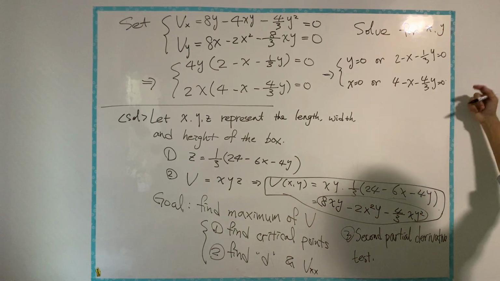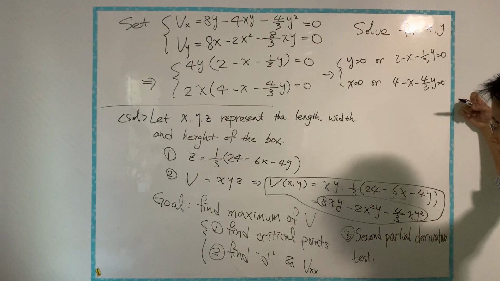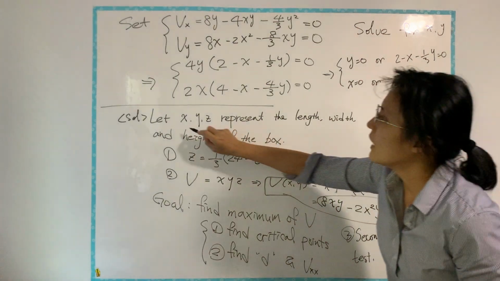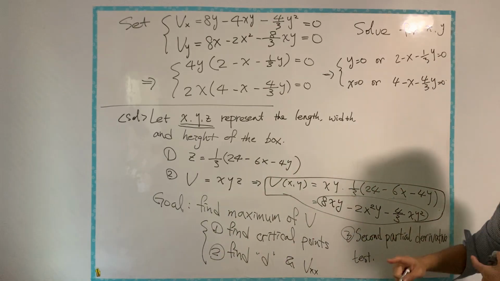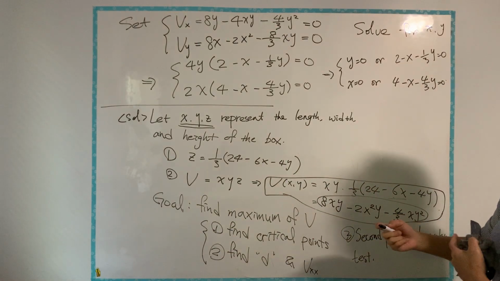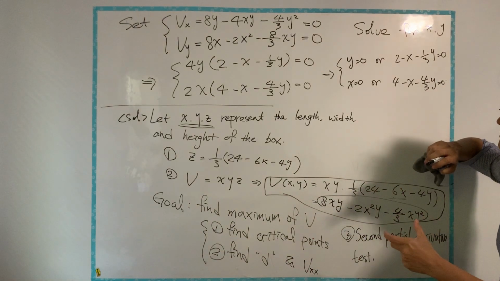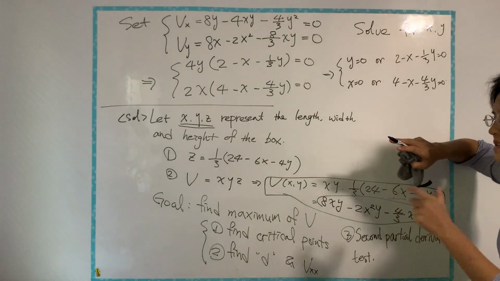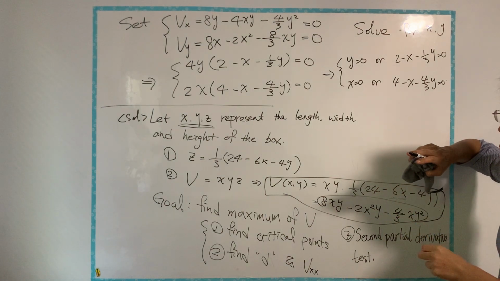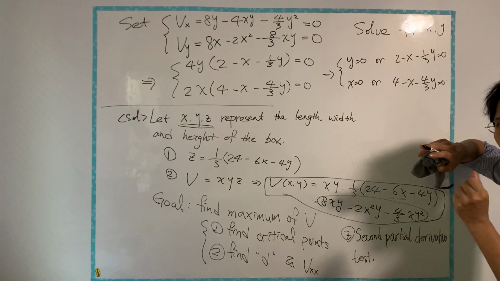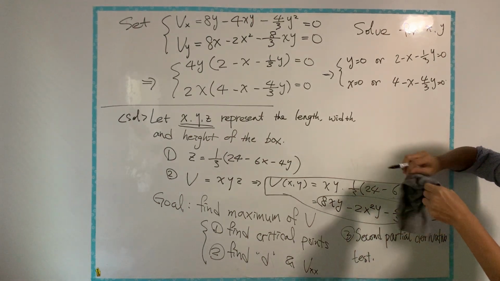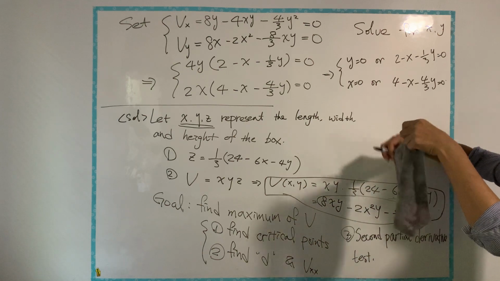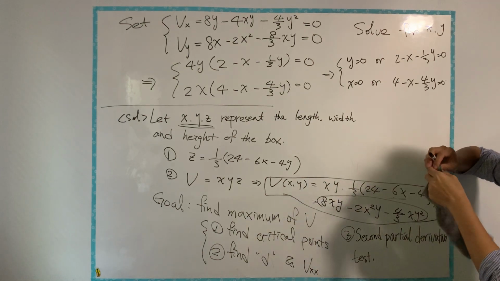Okay, so now notice that x, y, z have physical meanings. They represent the lengths of the sides of the box. So if x is equal to 0, then you don't have volume, just like a piece of paper, right?